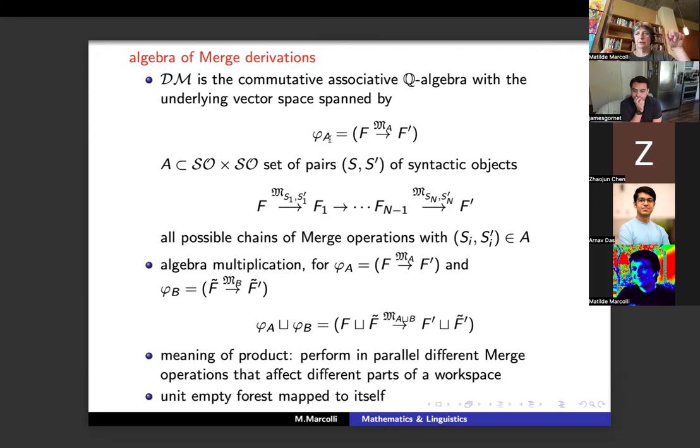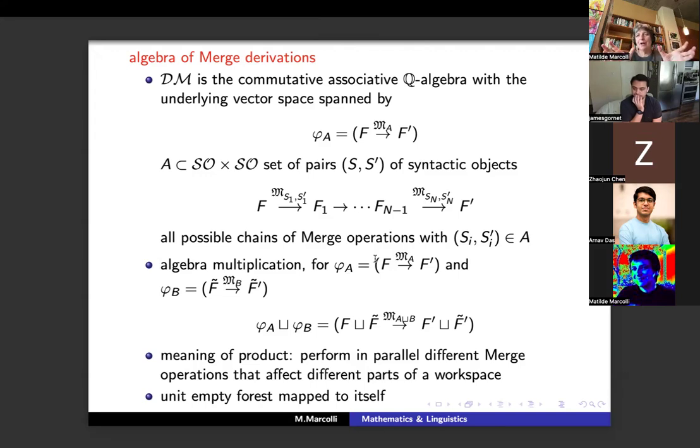I can do this in various different orders, or I can build different kinds of structures with the same material and so on. So I'm looking at all of these possibilities, and each possible chain that I can do is one of these objects. And then I just take as my commutative multiplication the disjoint union of these that act on different parts of the workspace, right?